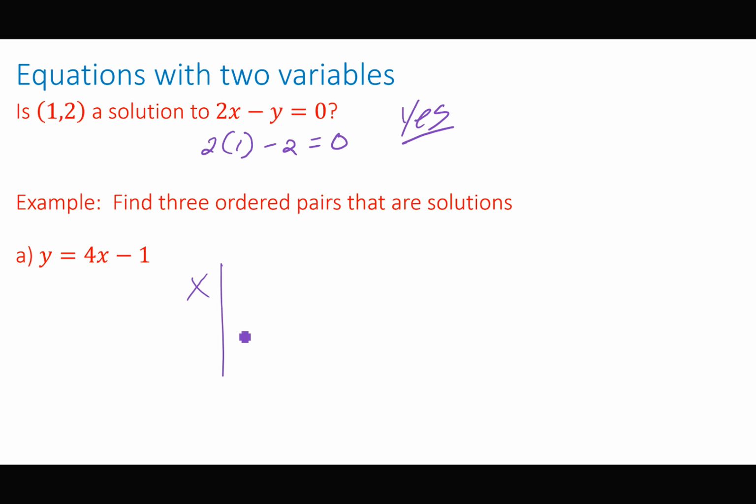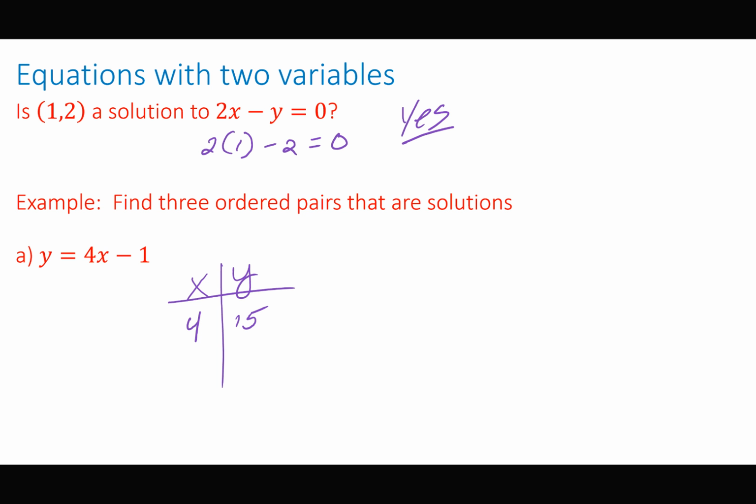So we could do a quick 2-column chart, x comma y, and I can pick any x value that I want. Charlie, give me an x value. 4. Okay. Charlie, what's 4 times 4 minus 1? 15. Okay. Give me another one.